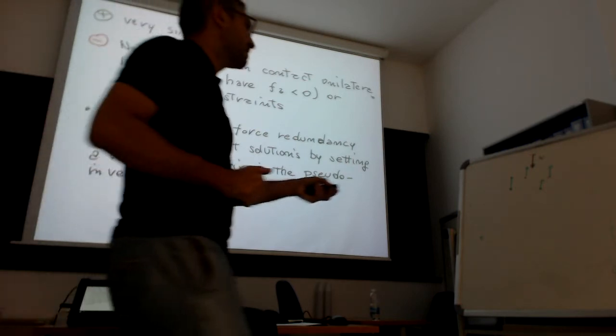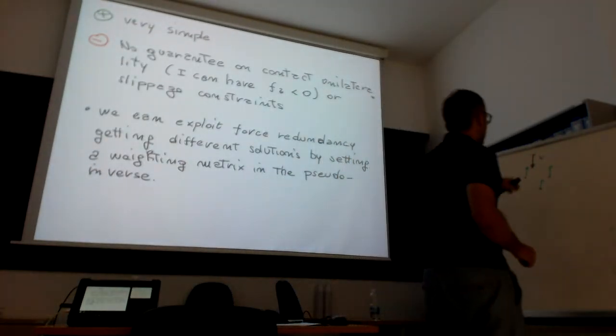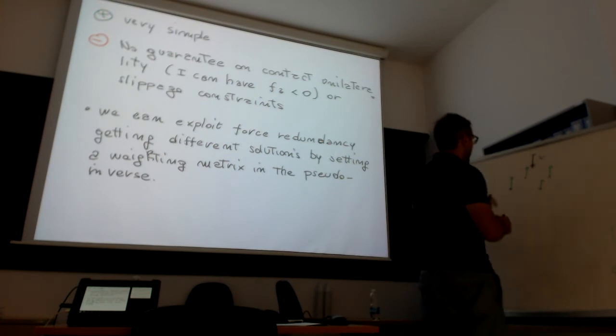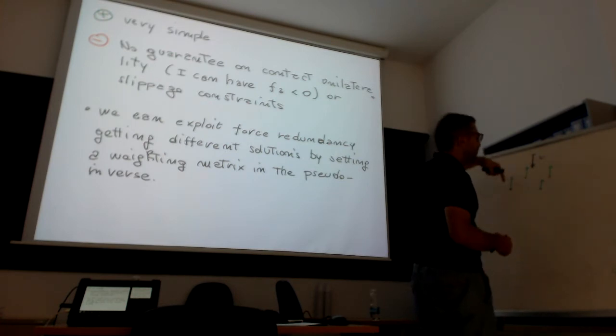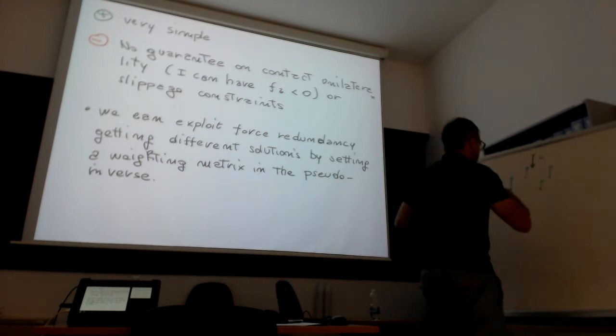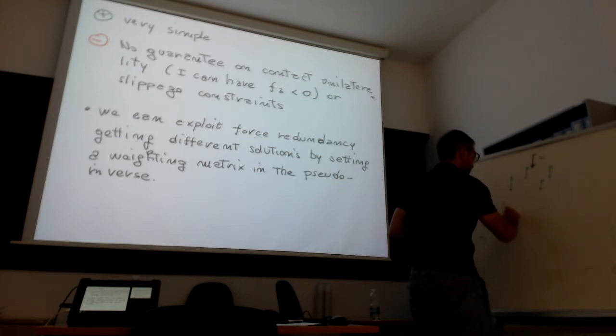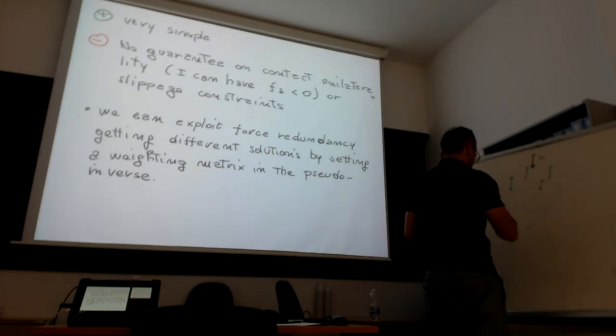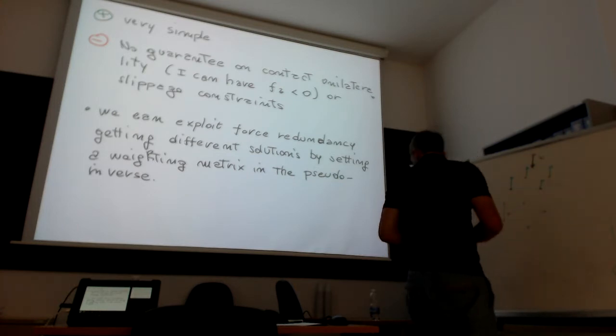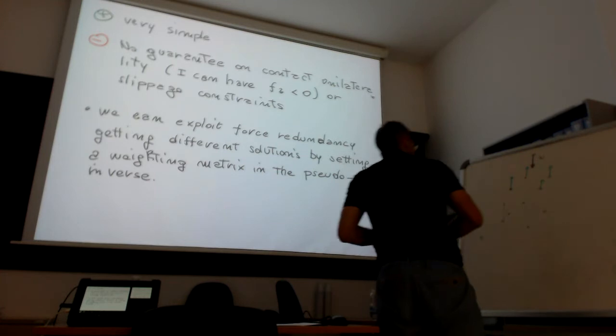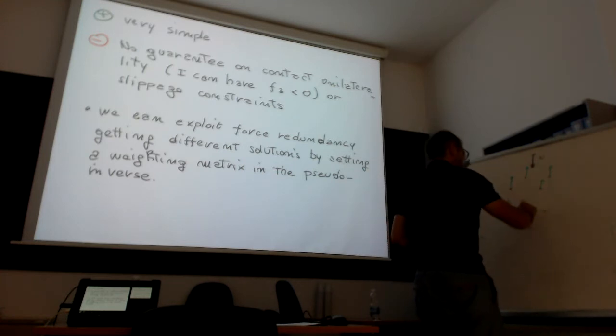If you think about this wrench going out of the support polygon, to have statics you need negative forces. Let's think the situation is like this, and to equilibrate this wrench you need this, but you need this.